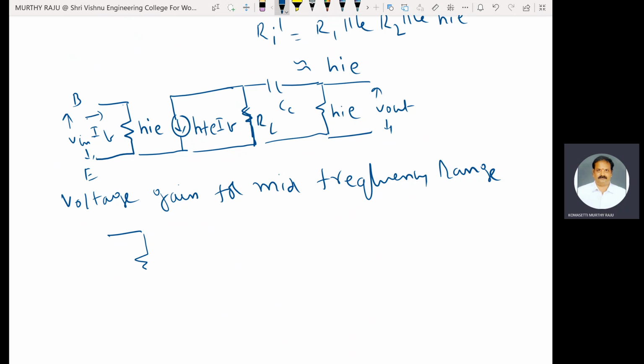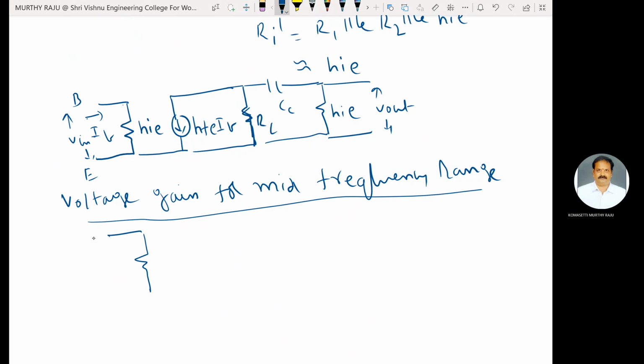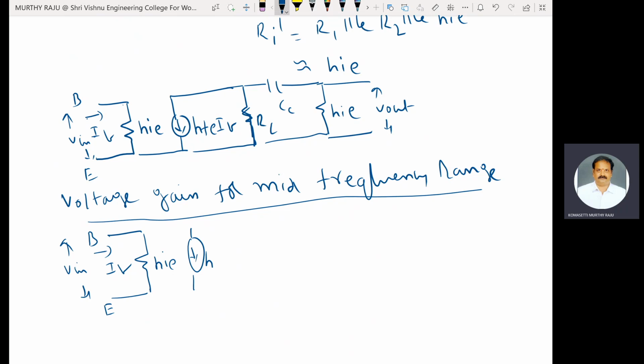The circuit diagram then looks like this: base, emitter, HIE, IB, Vin, HFE IB, RL. CC acts as a short circuit.